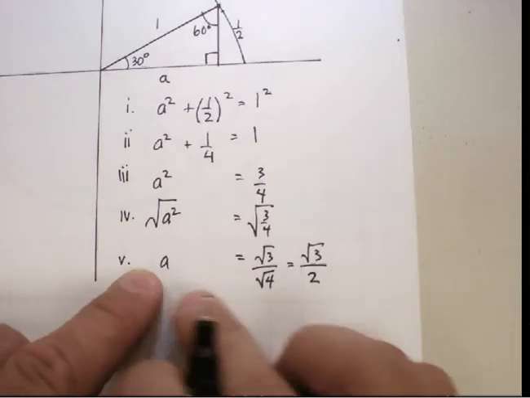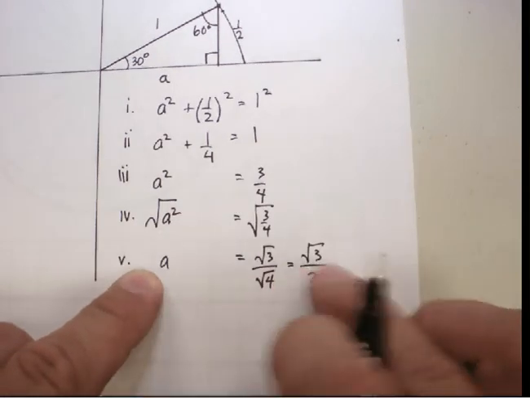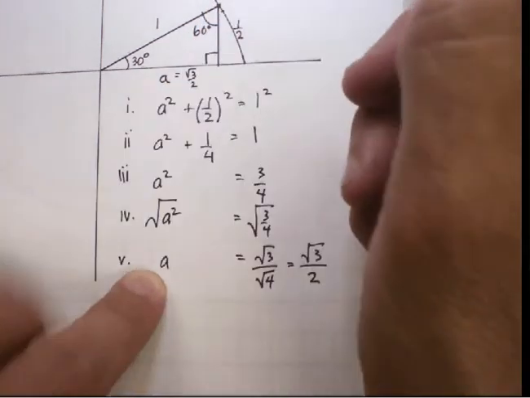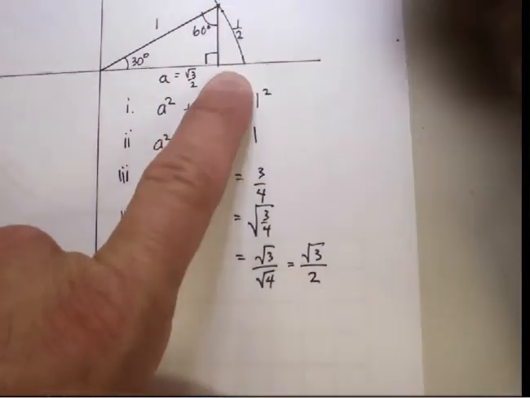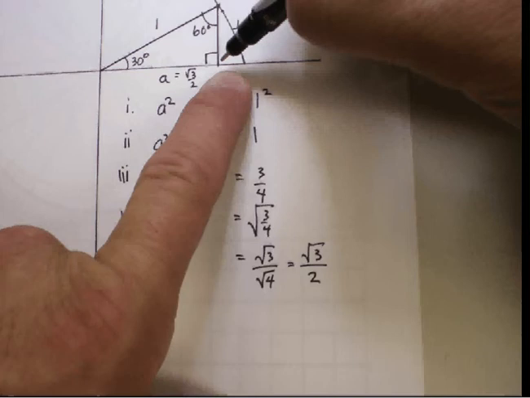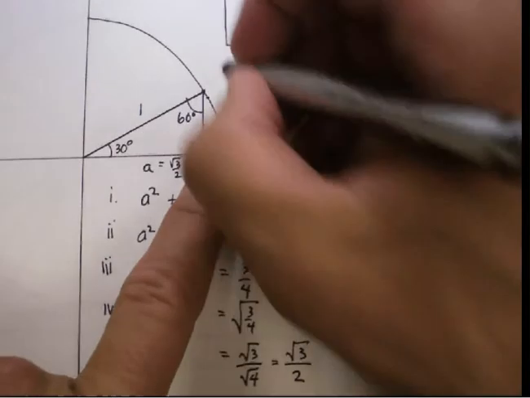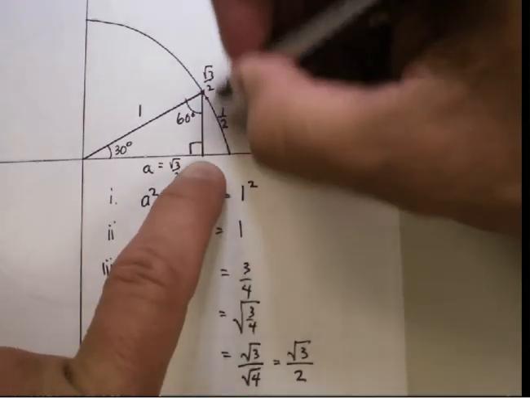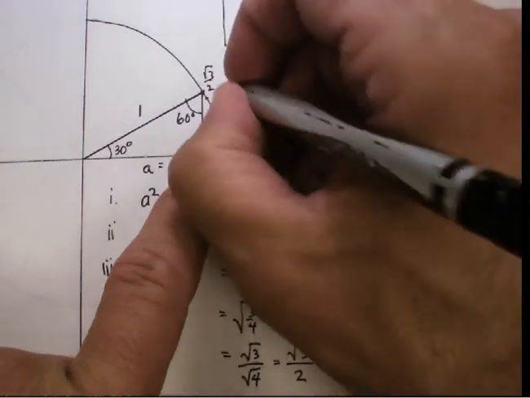So we know that the a distance now is radical 3 over 2, which means that this distance is radical 3 over 2. Okay, so what is this coordinate again? It's radical 3 over 2 along the x-axis, and it's 1/2 along the y-axis.